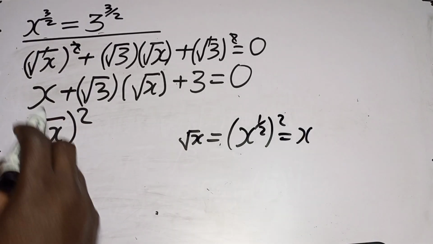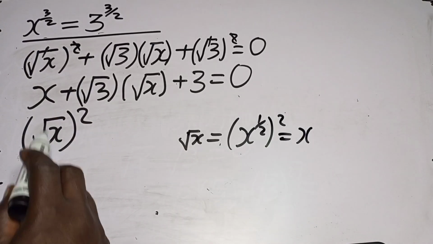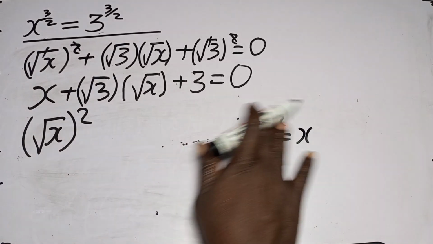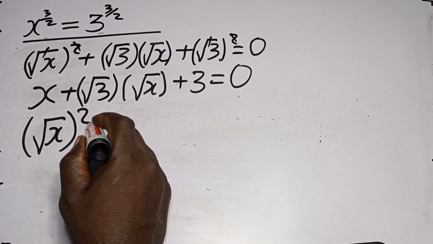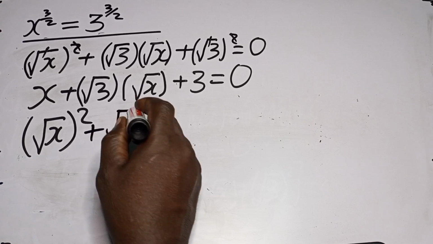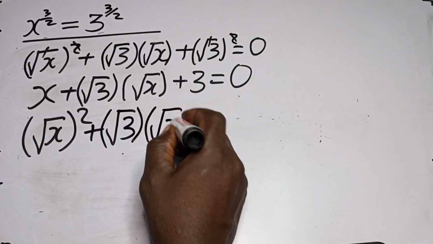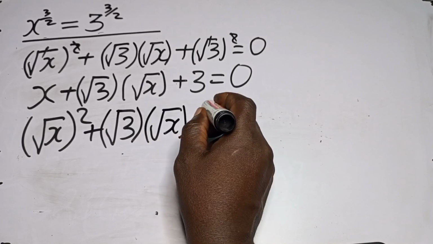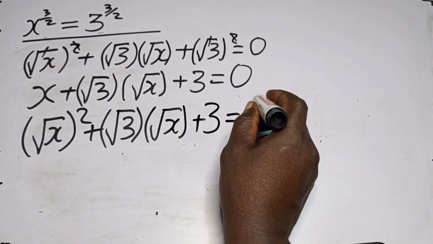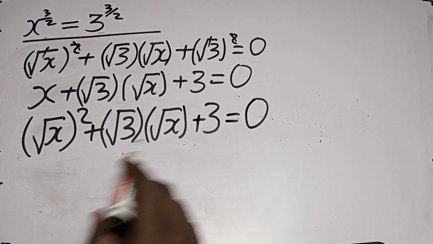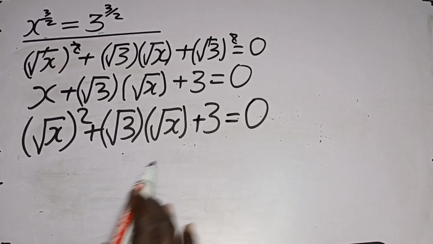So we have just simply changed the form of x to this form. So we have root x squared plus root 3 into root x plus 3 is equal to 0. So we now see the quadratic equation in terms of root x.